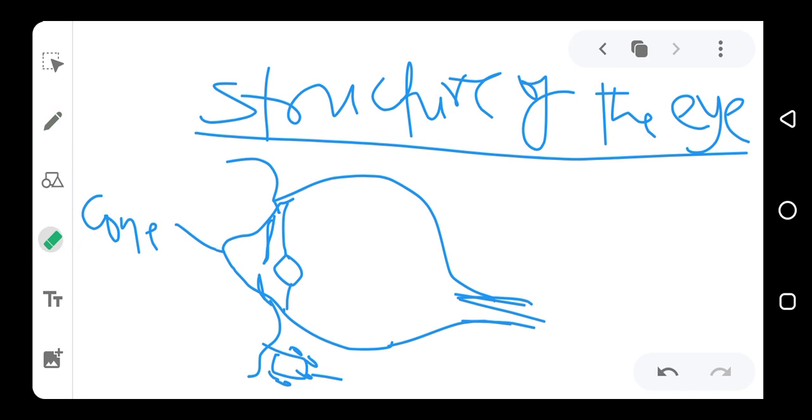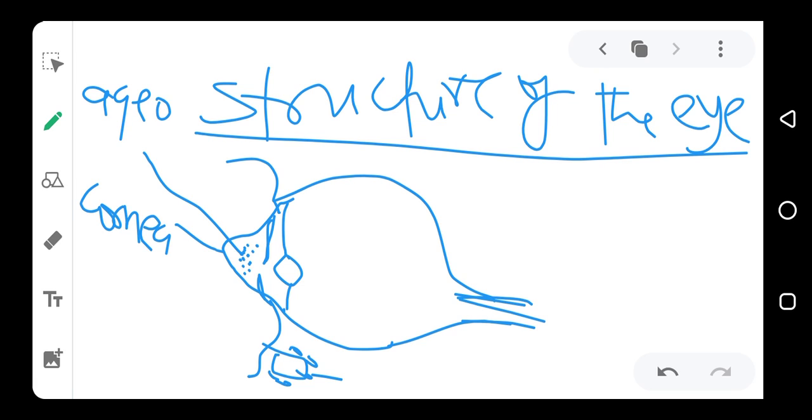Then after that, you see this opening here, this small opening. This small opening is called pupil. Now, you see the pupil, the opening, there are two muscles here, this one up and this one down.